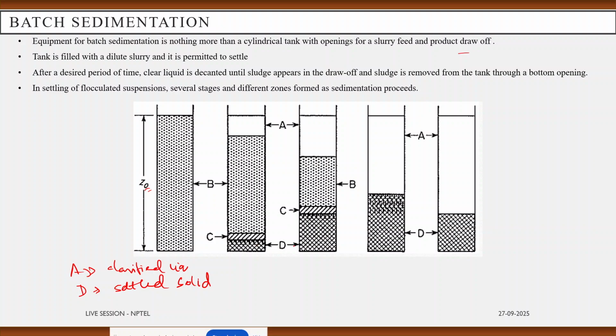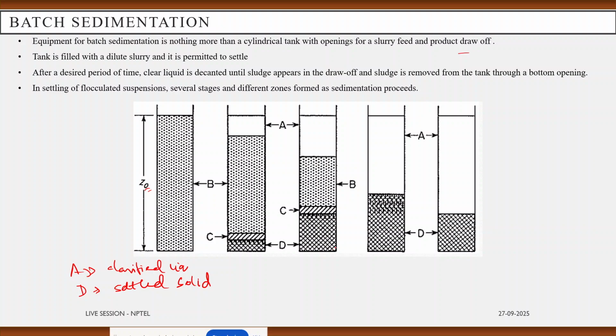So here the zone C becomes the transition point where the concentration of the solid is different from that of section D, or the initial concentration of the solid in the solution.